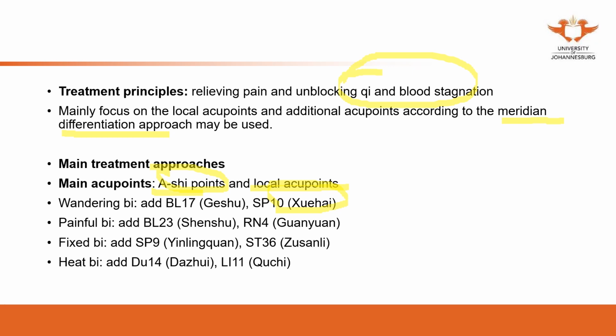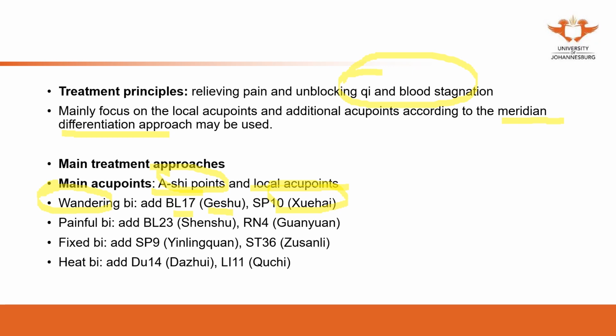In the previous video, we introduced the principle for treating the wind: we need to treat the blood. So Geshu, bladder 17, is the meeting point of the blood. It's also a special point. Spleen 10, Xuehai: xue is the blood, hai is the sea. So from the name, it means the sea of the blood.